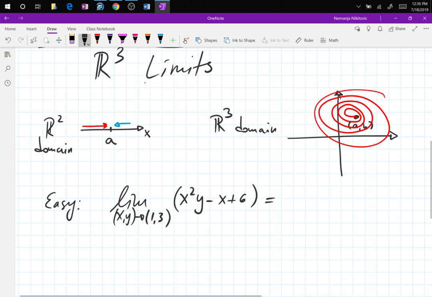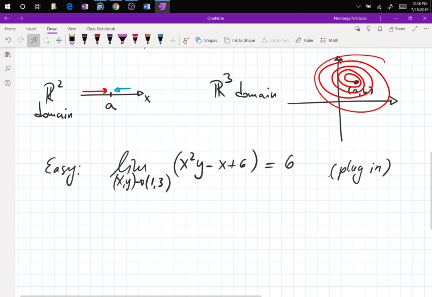No zeros in the denominator, no vertical asymptotes, no interruptions in the domain, nothing weird is happening. It's not a piecewise function, so it's just a polynomial-looking formula, and you plug in (1, 3) and you get 6. So the easy one is just plug in, and if you get a value out of it, great.